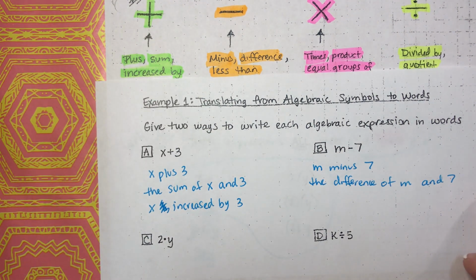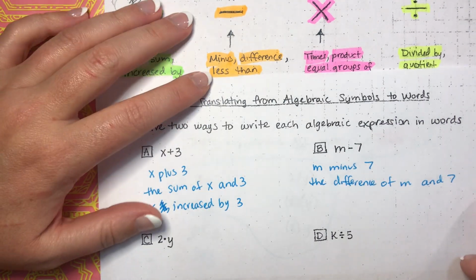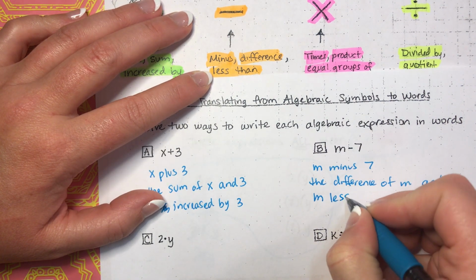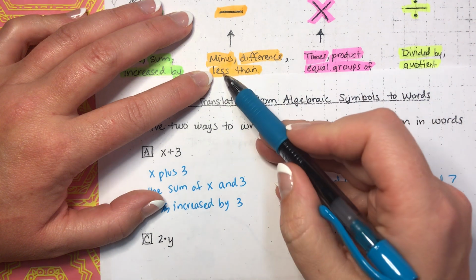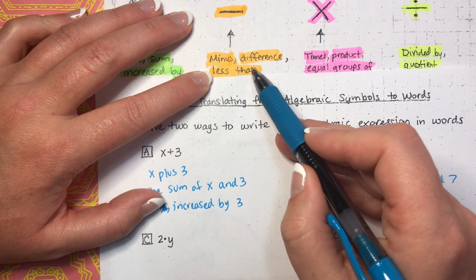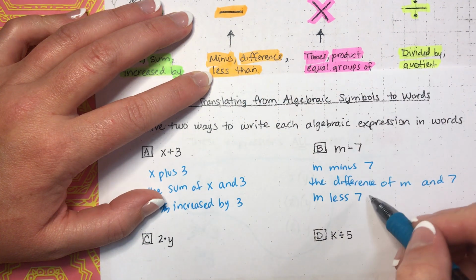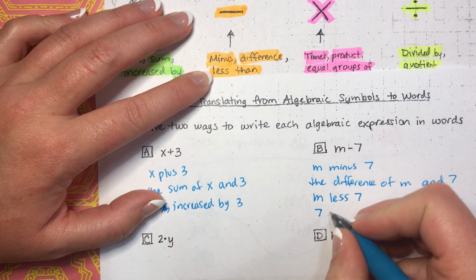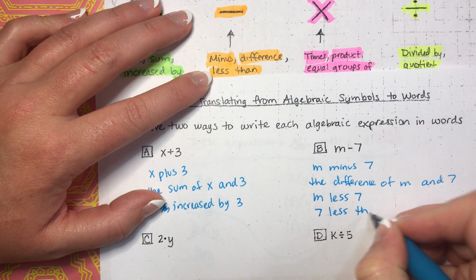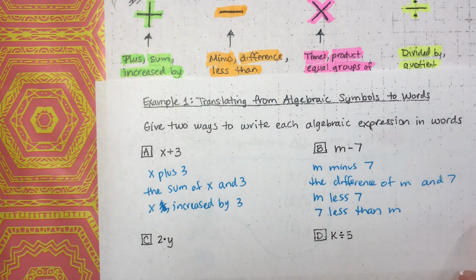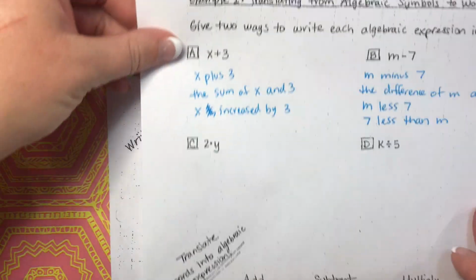Or we can use less than. You could say m less 7. But when you mean less means subtraction, than means flip. So if we use less than, we'd have to flip this and we'd have to say 7 less than m. Like that.